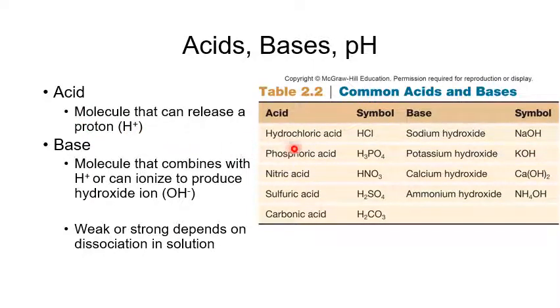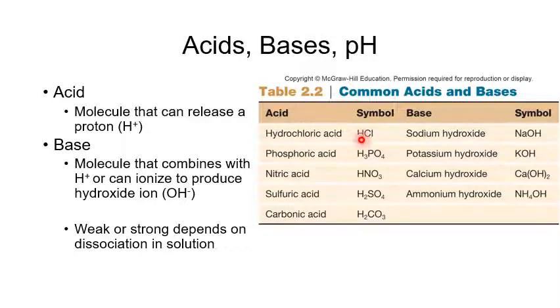Okay. If you look at our common acid, hydrochloric acid, this is a hydrogen ion, ionically bonded, because remember this chloride is highly electronegative. If we put this hydrochloric acid in water, remember what happens with ionically bonded molecules? They dissociate.